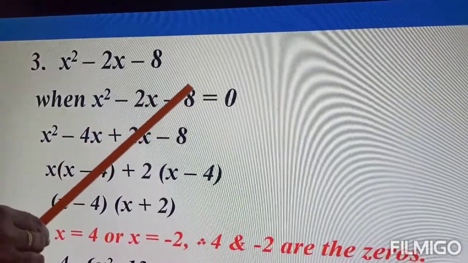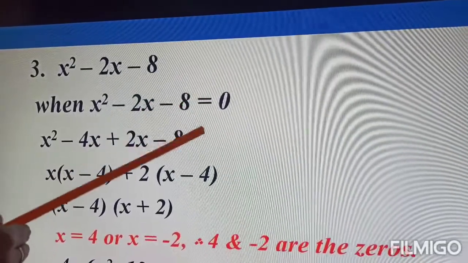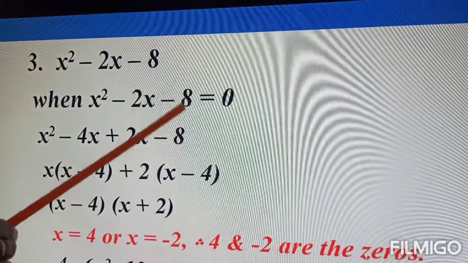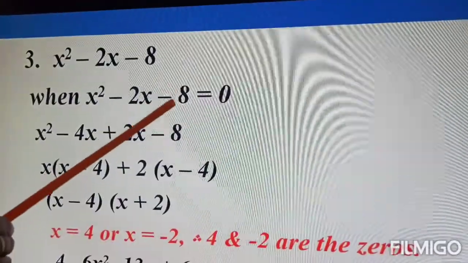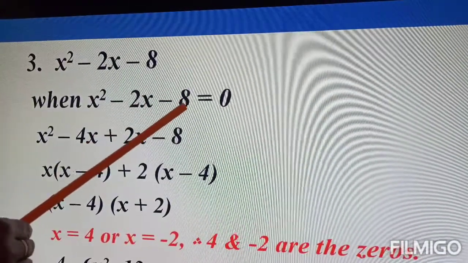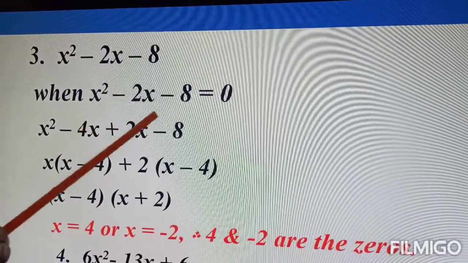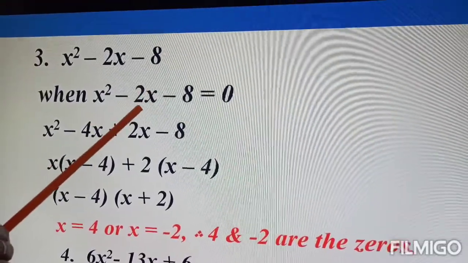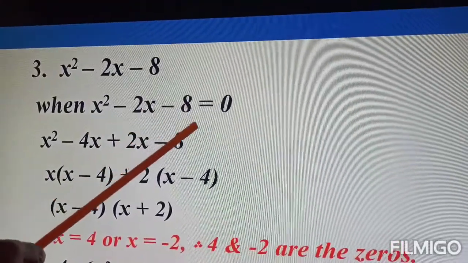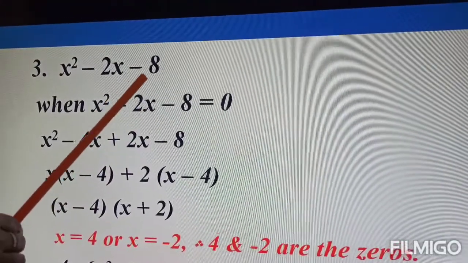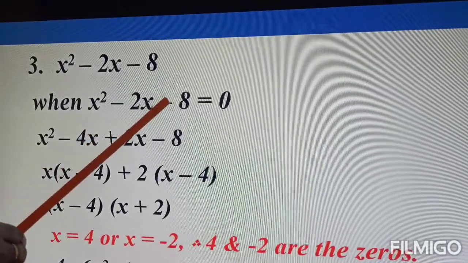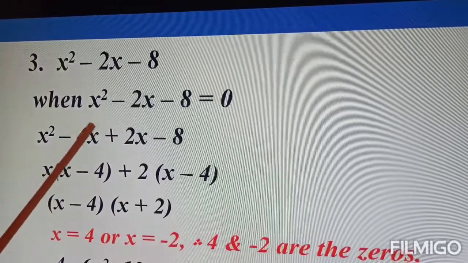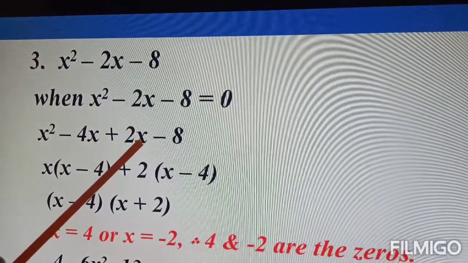For any number, different pairs of factors will be there. For 8 also, 8 ones is there, 4 twos is there. Like that, different pairs of factors are there. But here, what is the suitable pair of factors that we have to take? Here, 4 into 2 is the suitable pair that we have to take, and replace minus 2x by minus 4x plus 2x.